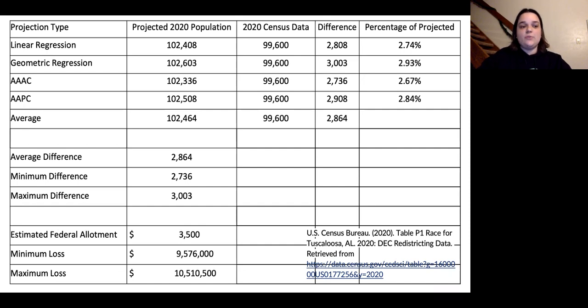And so people who do live in Tuscaloosa may not have been counted because they may have been home when they were filling out the census. So there's a lot of variation in the 2020 census data. And I would recommend that the city of Tuscaloosa does contest those 2020 census results.